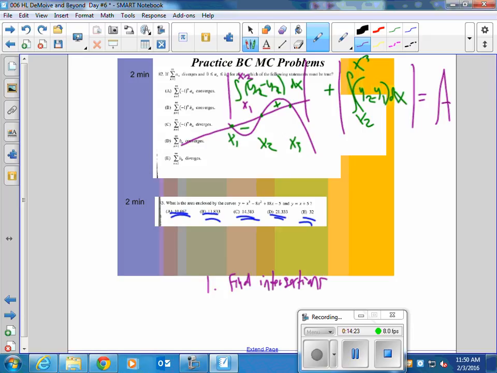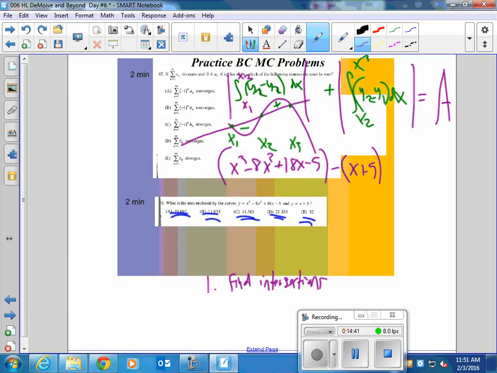I don't remember which answer it is, but can you do that with your calculator? You have x to the third minus 8x squared plus 18x minus 5, then you subtract x plus 5.